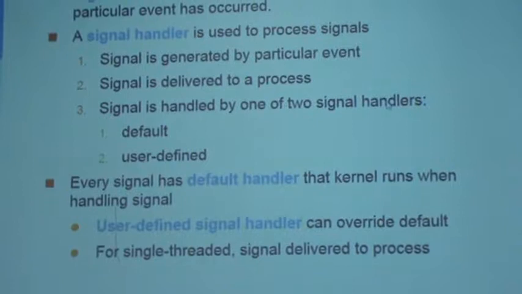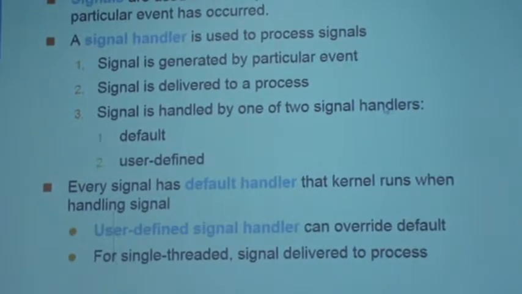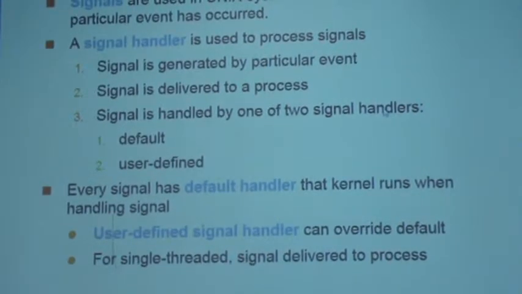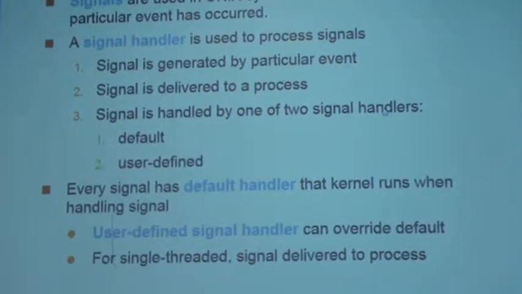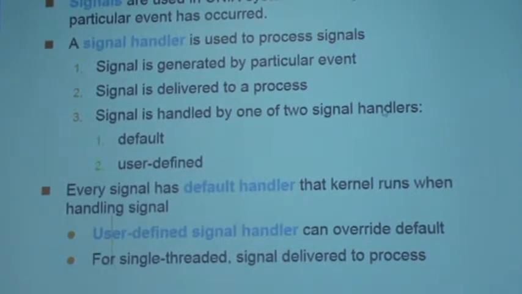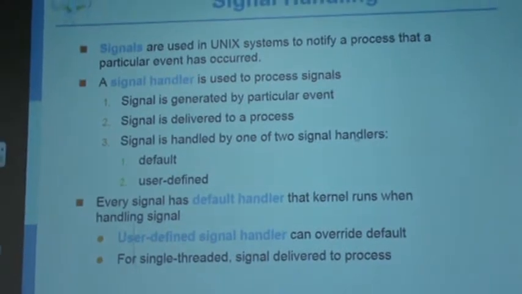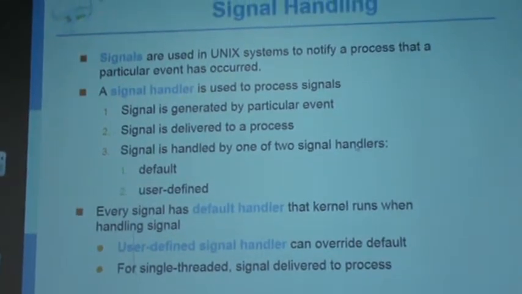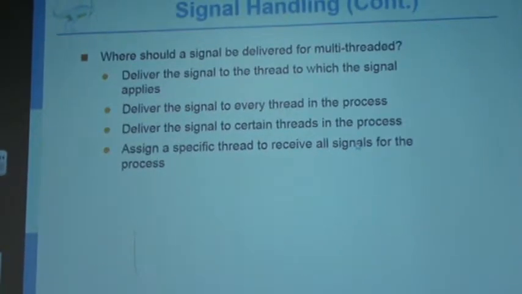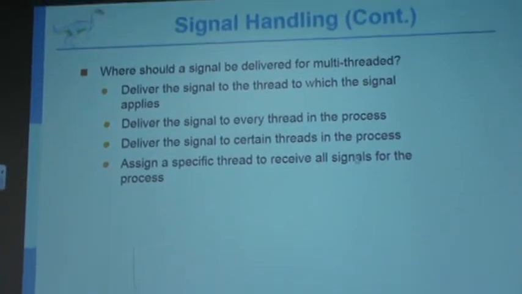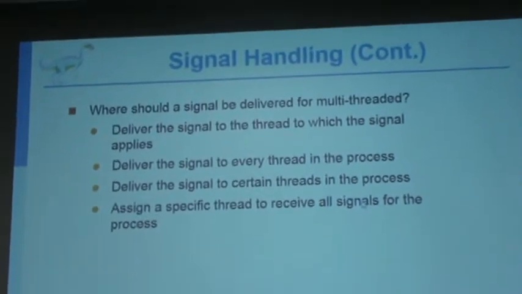Okay, there are two types of such a signal. One is the default signal. Another one is user-defined. Default signal means created by the operating system. On the other hand, the user-defined is from the user. Like the exception handling, like the thread. Okay. So what about the multi-thread?